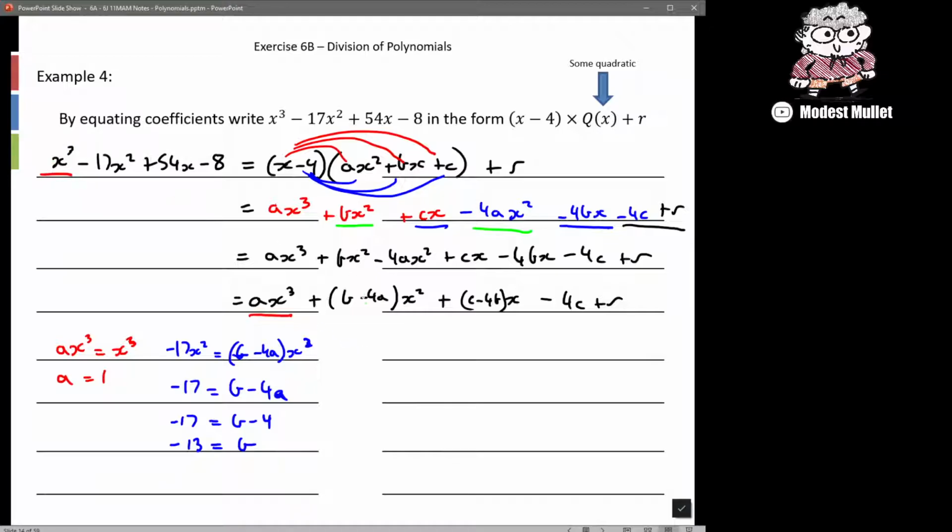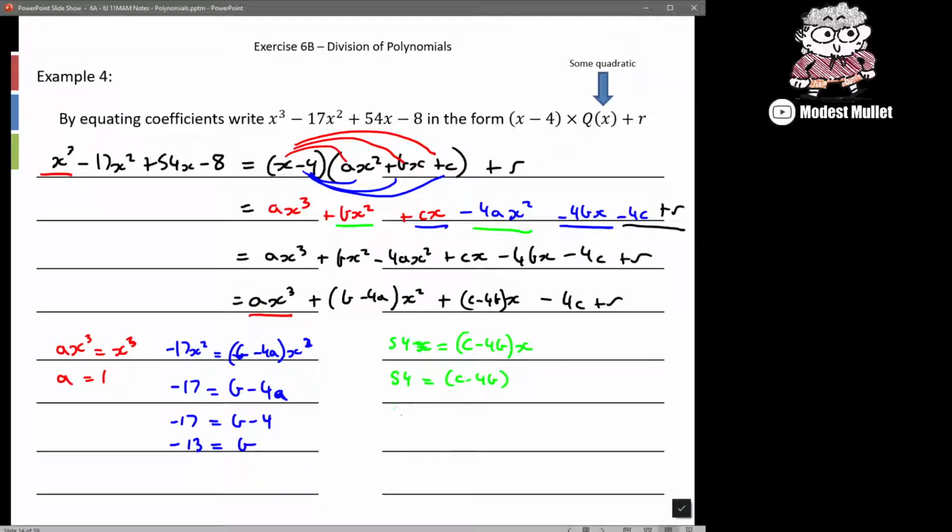And from the linear term, we get 54x is equal to c minus 4b x. It's obvious from that 54 must be equal to c minus 4b.